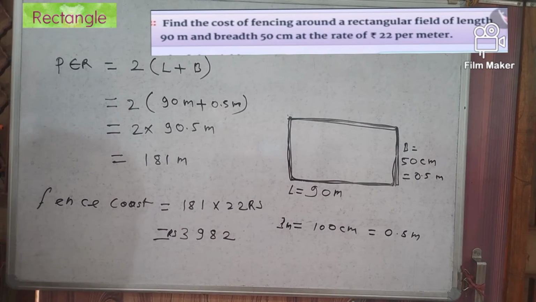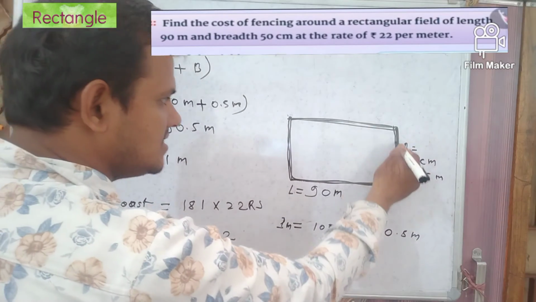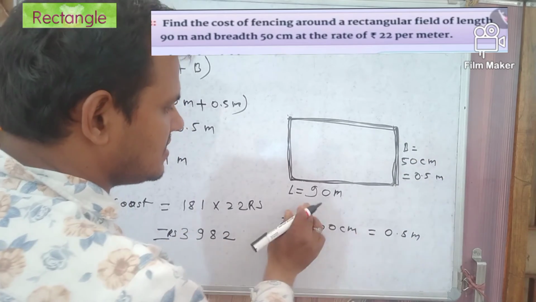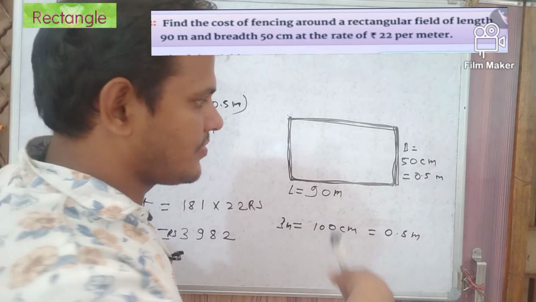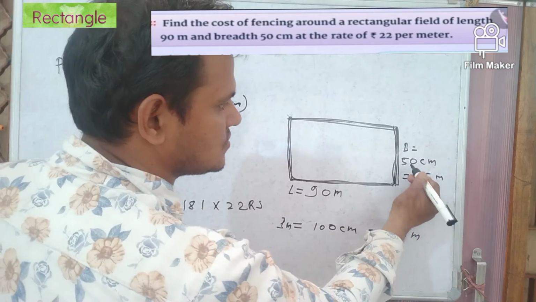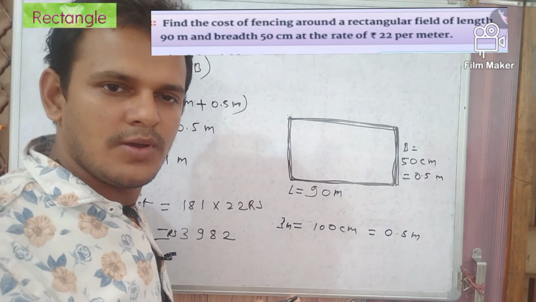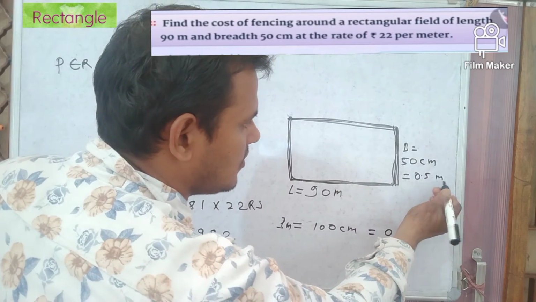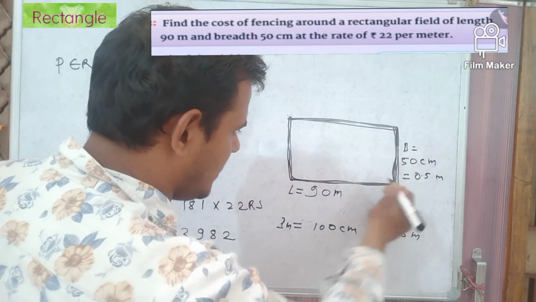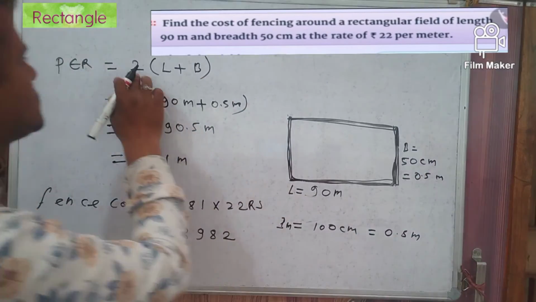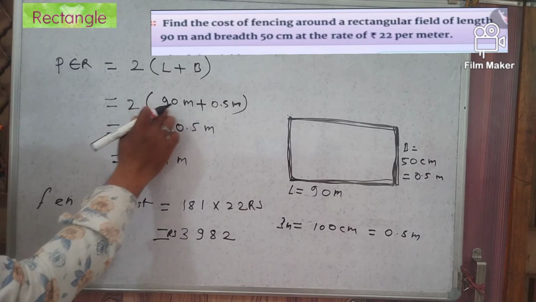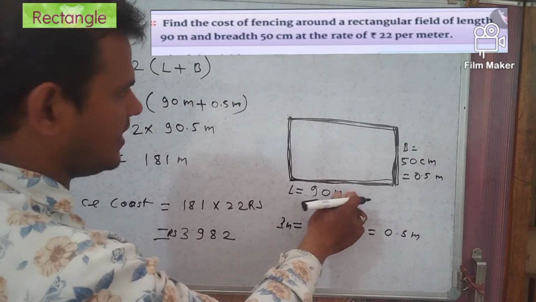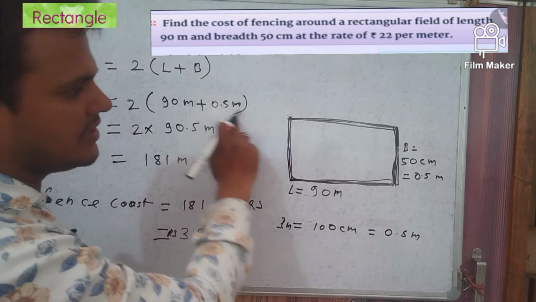See here friends, once again, breadth is given as 50 centimeter, but length is given in meter. So we need to convert to meter, right? So 50 centimeter is half of 1 meter. So the breadth is half a meter, and length is 90 meter. 2 into (L plus B) is perimeter, right? So 2 into (90 meter length and 0.5 meter breadth).